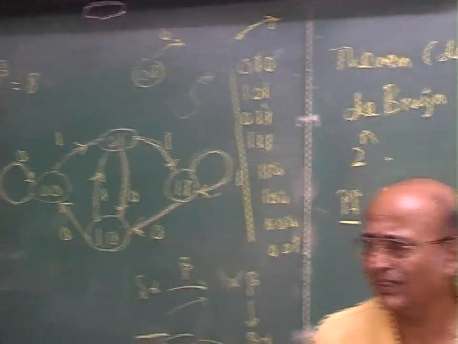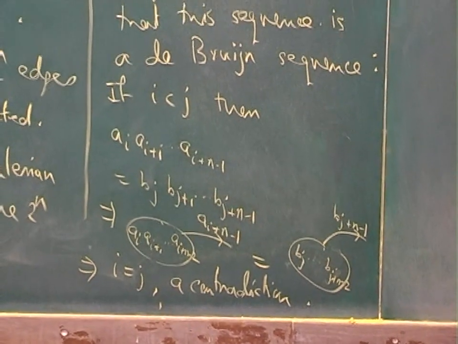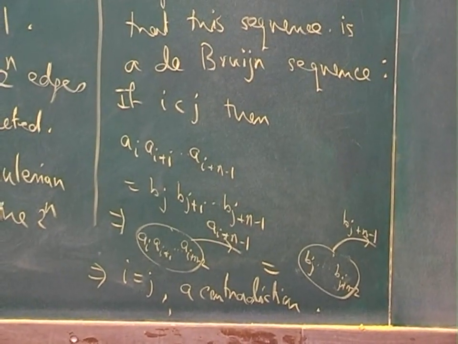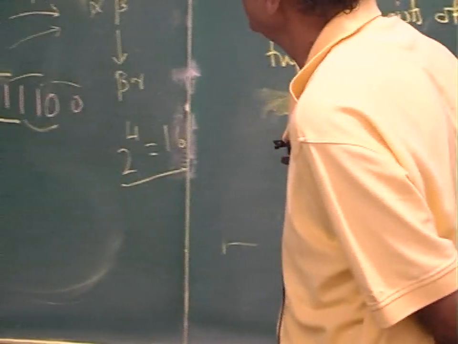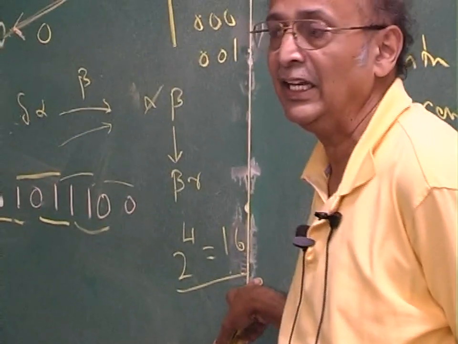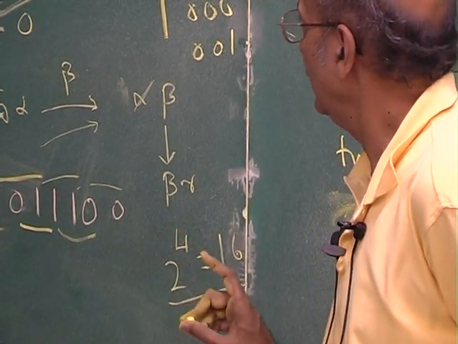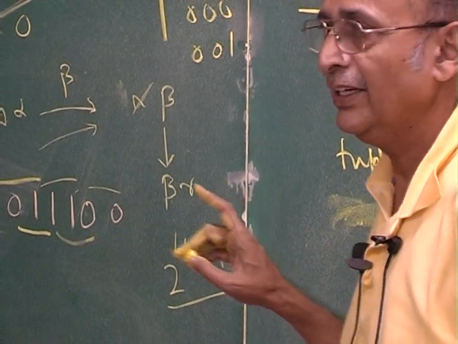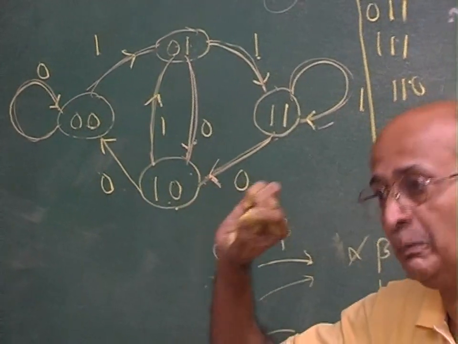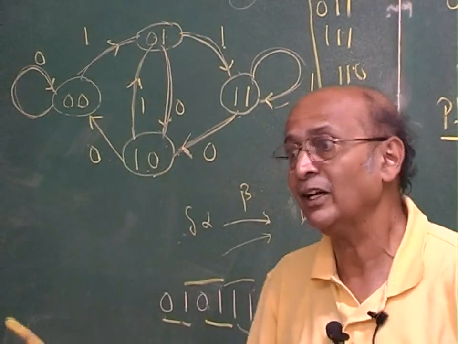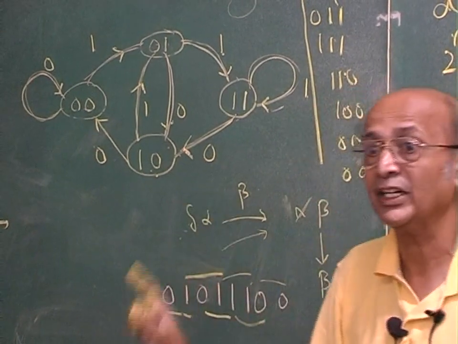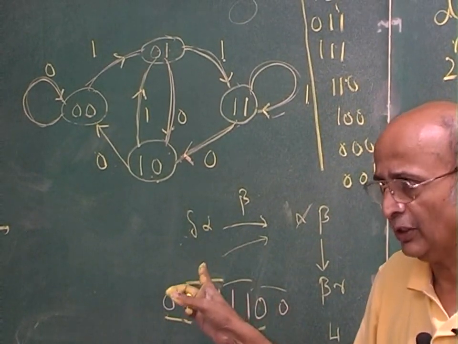As an exercise, find a de Bruijn circuit in the situation of 2 raised to 4, or find a de Bruijn sequence of length 16. What you would be doing is taking as vertices the ordered triples, binary triples. So there would be as many as 8 vertices. Draw the graph. Actually construct an Eulerian circuit on that graph, which would not be very difficult.